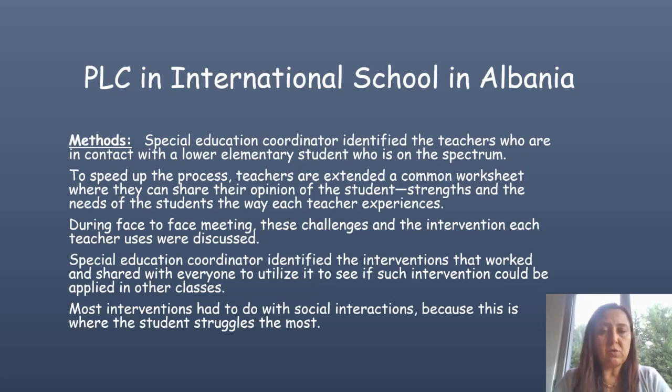The special education coordinator identified the interventions that worked and shared them with everyone to see if such interventions could be applied in other classes as well. Most interventions had to do with social interactions because this is where the student struggles the most.